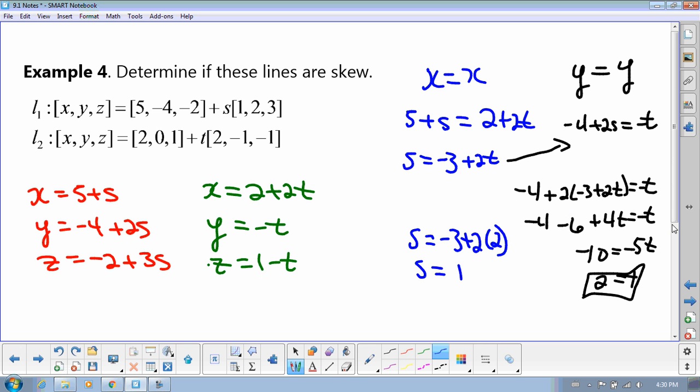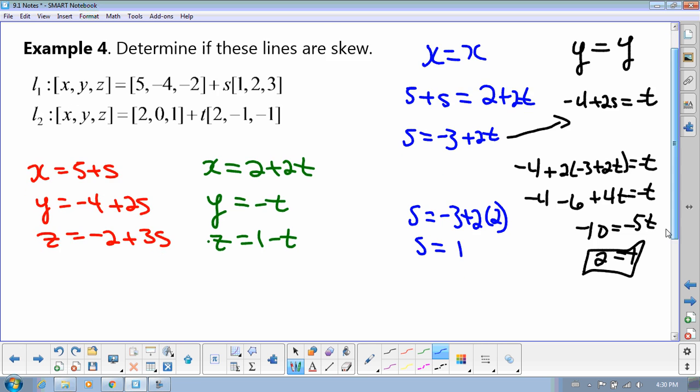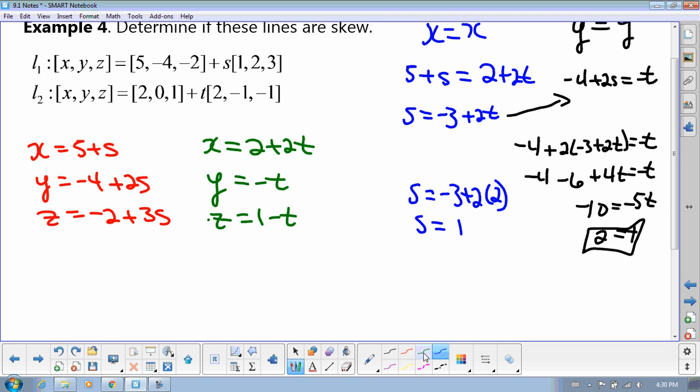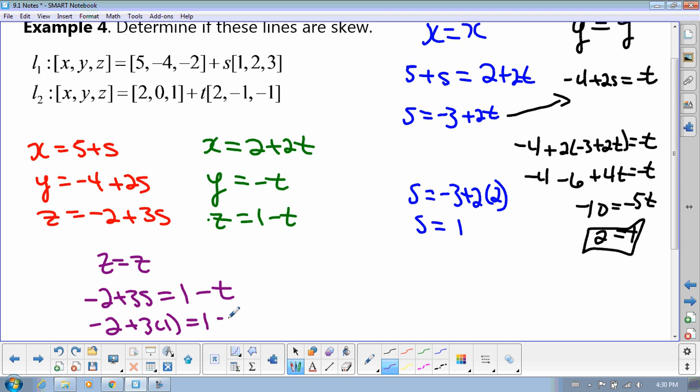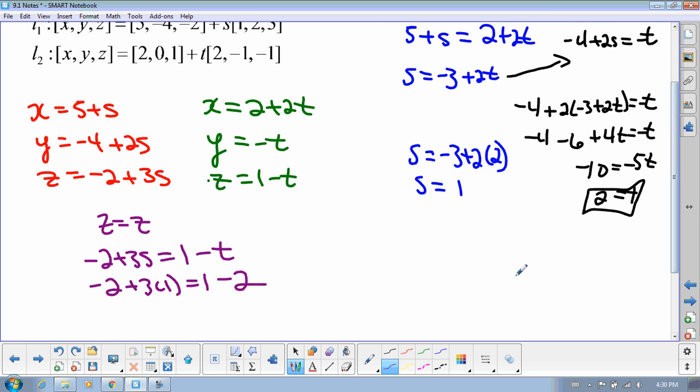So in order to see if it's going to have a point of intersection or if the lines are skew, we are going to check with the z's. So when we do this, we get negative 2 plus 3, that's 1. 1 subtract 2, it's negative 1.